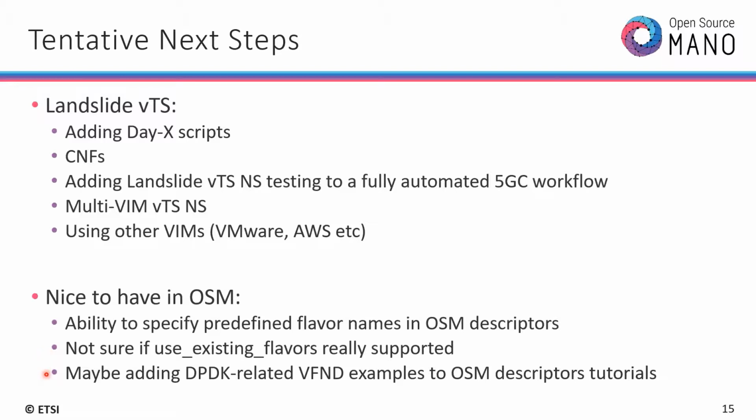And yeah, the last one is probably something that is going more to help me, because as I said, this is my first participation in the plug test, so I'm not that familiar with the whole thing, and OSM, I'm not an OSM expert. But it would have been nice to have in the OSM tutorial an example that focuses on DPDK.